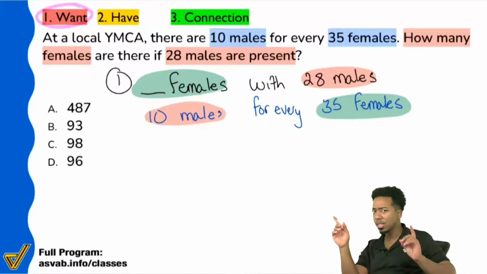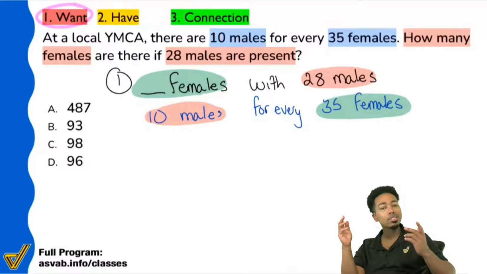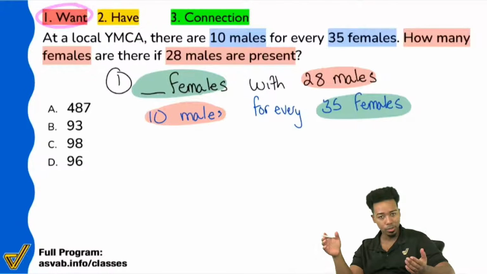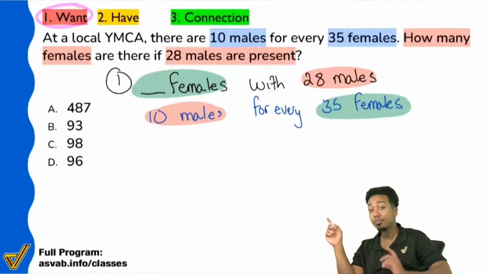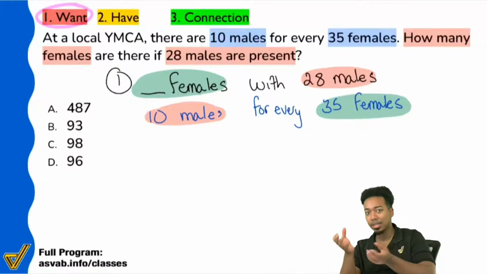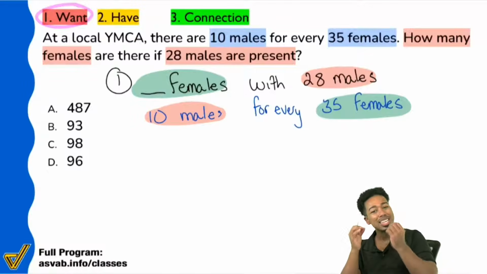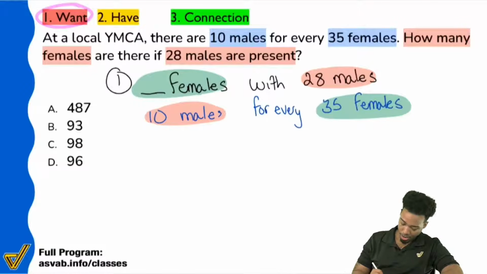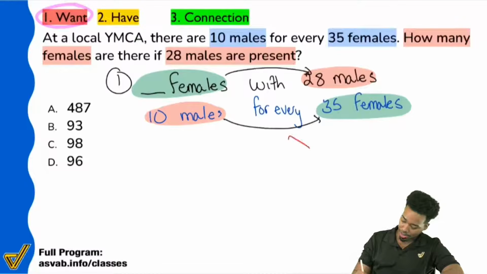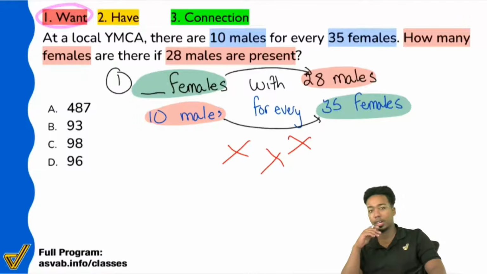Yeah, we're comparing the same things, but it's not in the same way. We are going here, green to red, then red to green. That is not correct. And if you were to try to create a proportion out of that, that would end up flopping. That would not work. That would be incorrect.